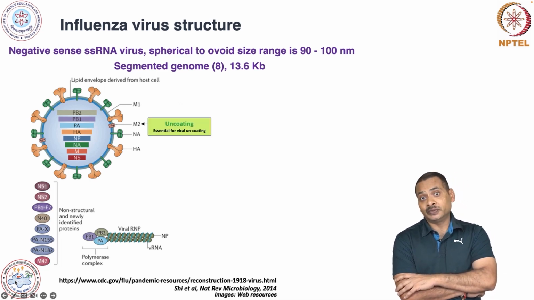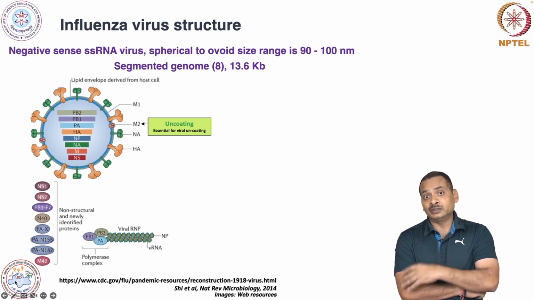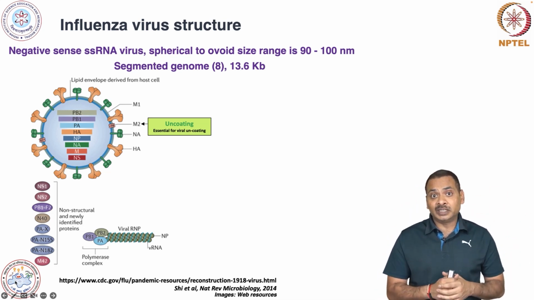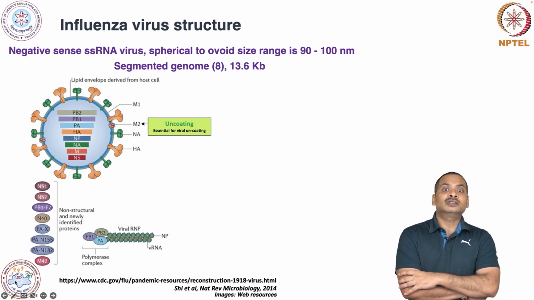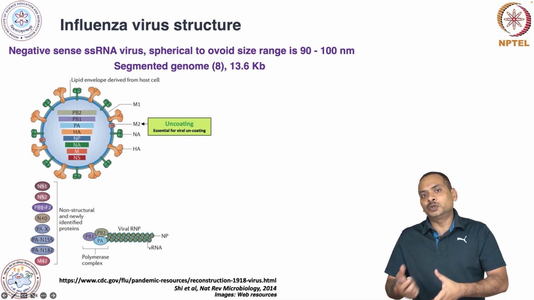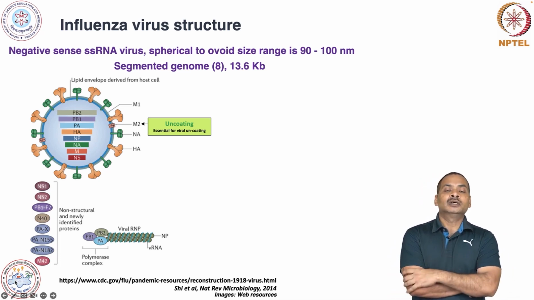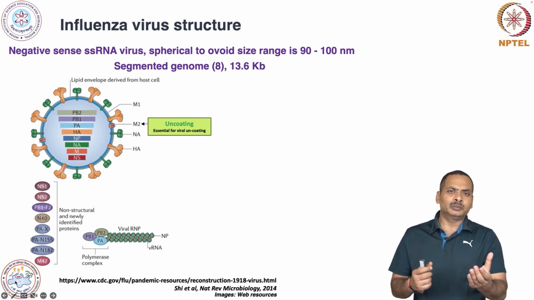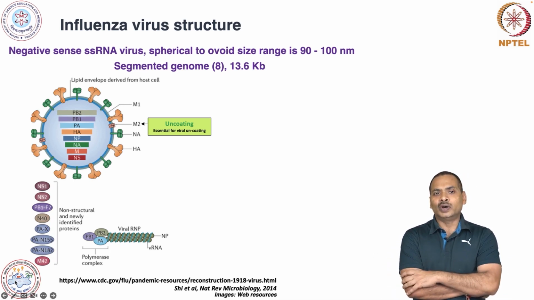M2 protein plays a very important role in uncoating. They take the proton and then the virus gets dismantled inside the cell. Then the genomic RNA is transported, and this will be used for making another viral particle.